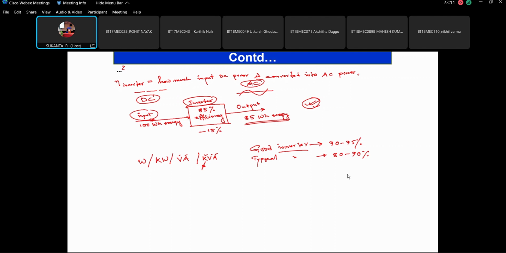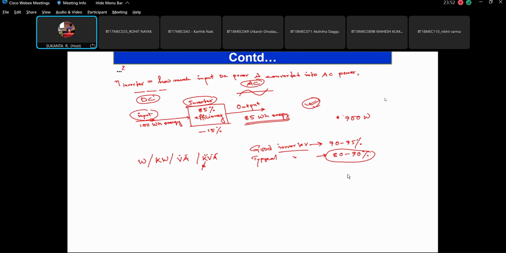Suppose your requirement is 900 watt. Losses will be there, so you have to calculate them and add them. If you purchase a typical inverter, you have to add 10% or 20% losses, and then accordingly purchase.